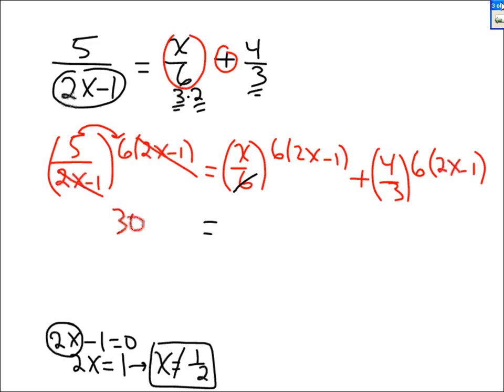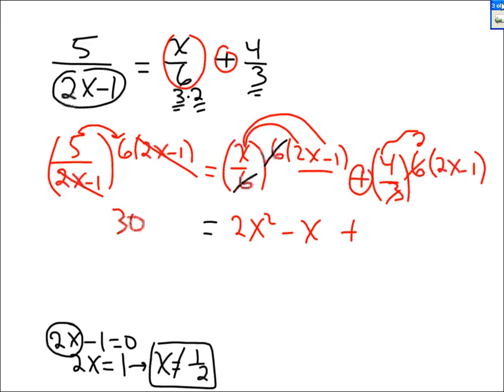Equals. Now the 6's, they do cancel. The 6's, they really do cancel out to 1, and you're left with x times 2x minus 1, which is 2x squared minus x, plus 3 does go into 6 2 times. 4 times 2 is 8. Distribute the 8.